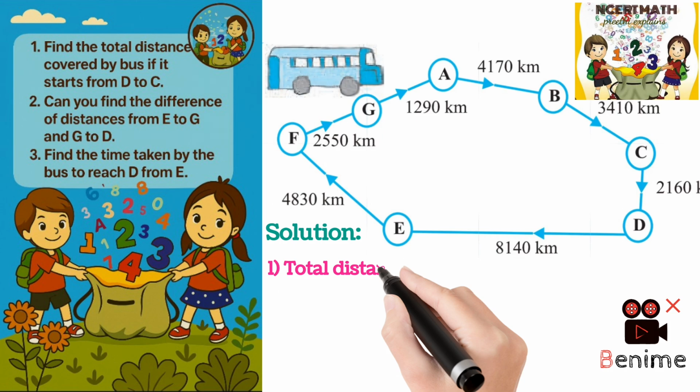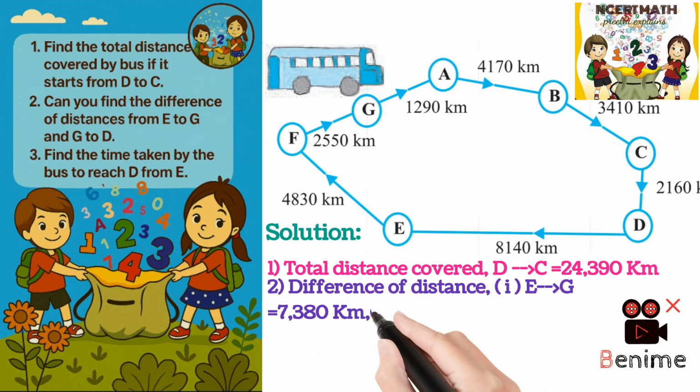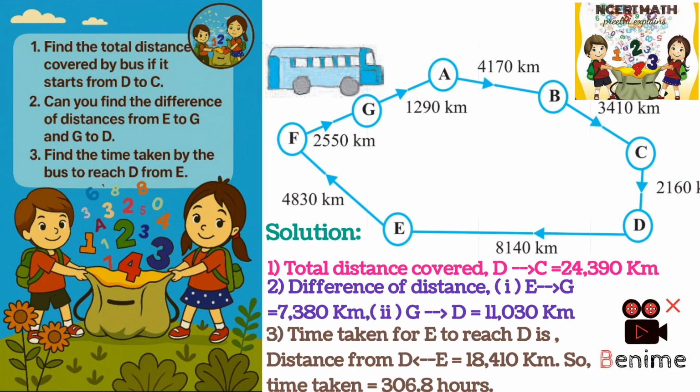The third question is to find the total distance covered by the bus from D to C. For this we can use the addition operation or the subtraction operation. There are two methods. Method one is to add the distances the bus travels from D to E, E to F, F to G, G to A, A to B, B to C. We get the result as 24,390.